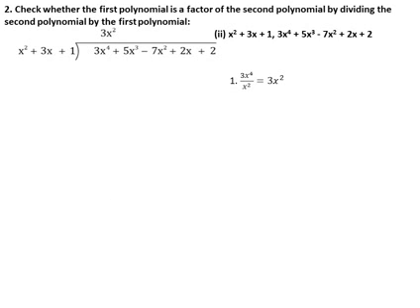Now we have to multiply with the divisor. 3x square has to multiply with x square plus 3x plus 1. If I multiply 3x square into x square, you will get 3x power of 4. Then 3x square multiplied with 3x, we will get 9x cube. Then 3x square multiplied with 1, you will get 3x square.